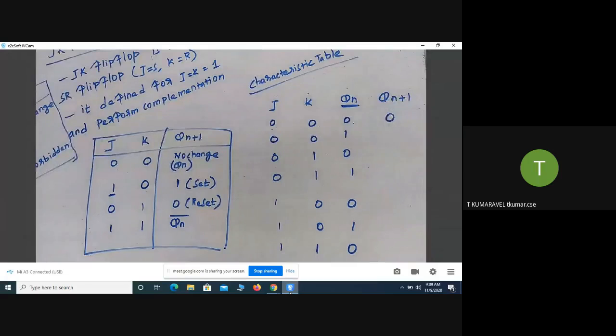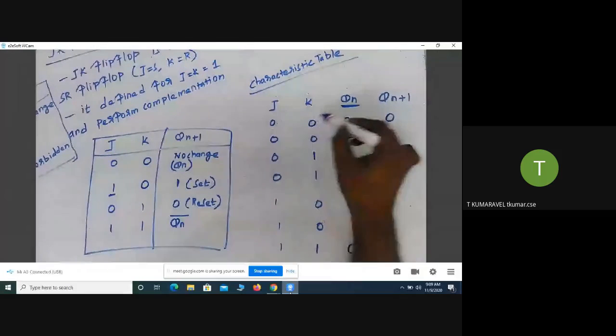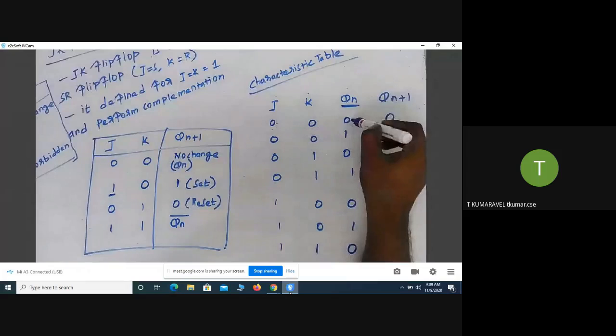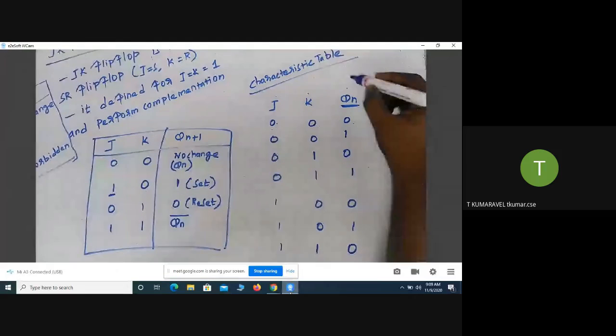Here my three inputs are J, K and Q1. Q1 is nothing but the previous stage output. How does the sequential circuit take its decision? From the current input plus the previous stage output.